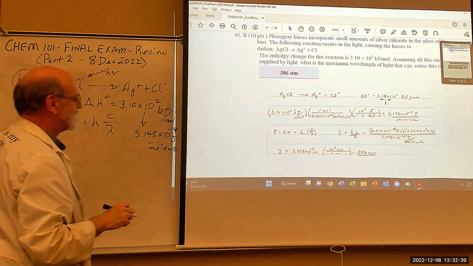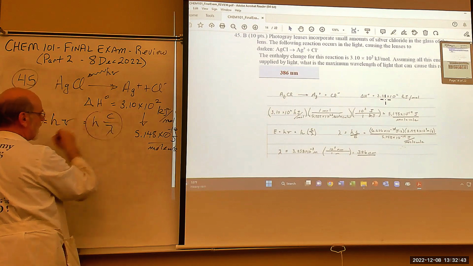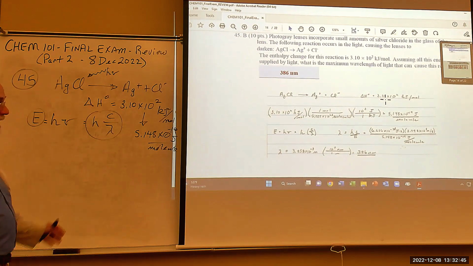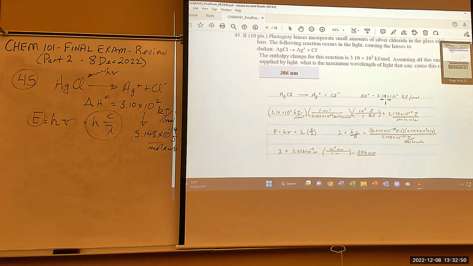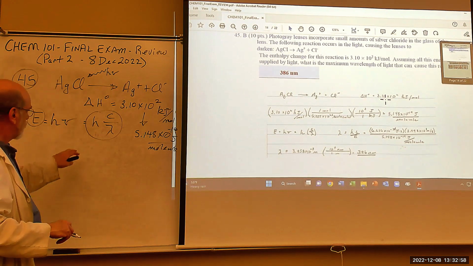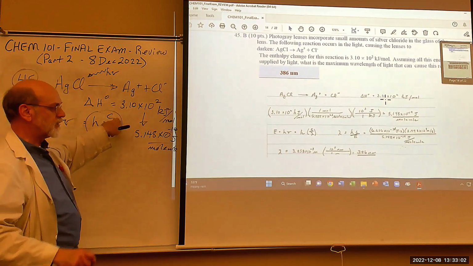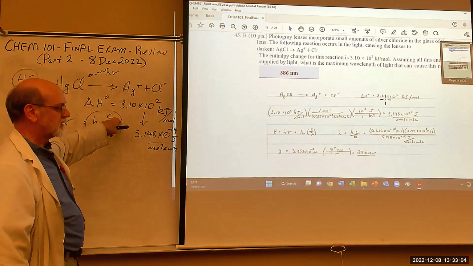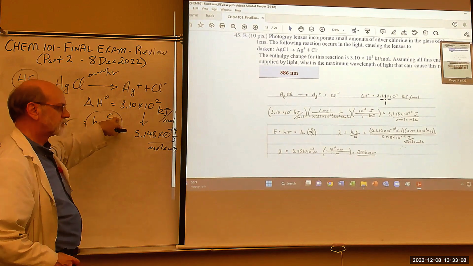Okay. Now we use this equation where energy equals that. We need to know the value for Planck's constant, which will be in the useful information at the back of the exam. Right. So you can find it easily. And we want to include Planck's constant. We will include the speed of light, 2.99, I rounded it off there, 2.9979.